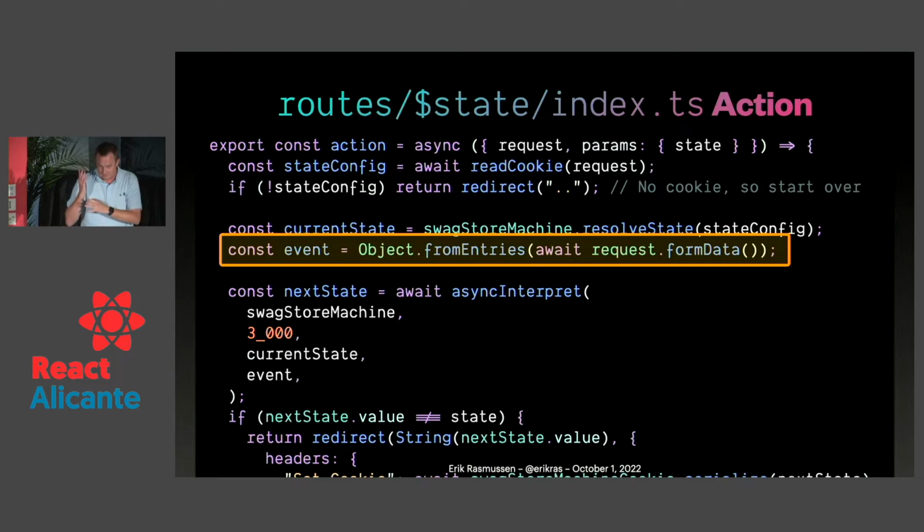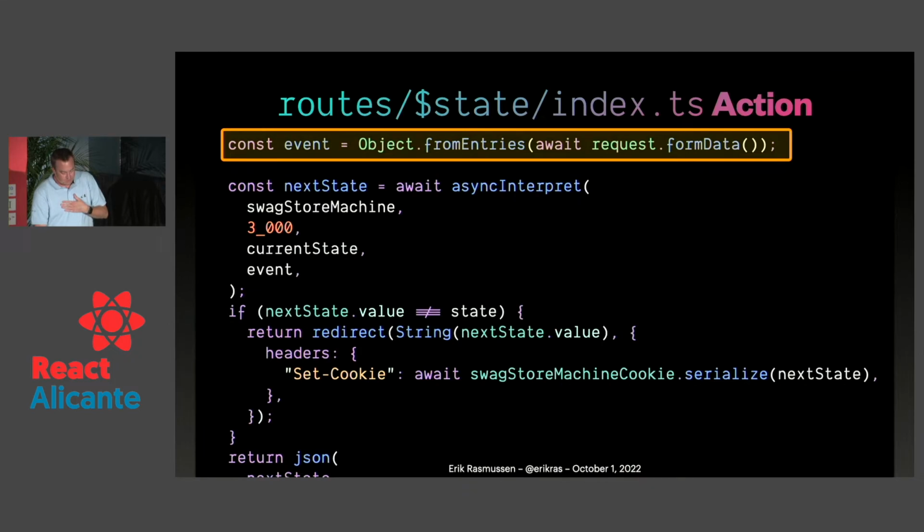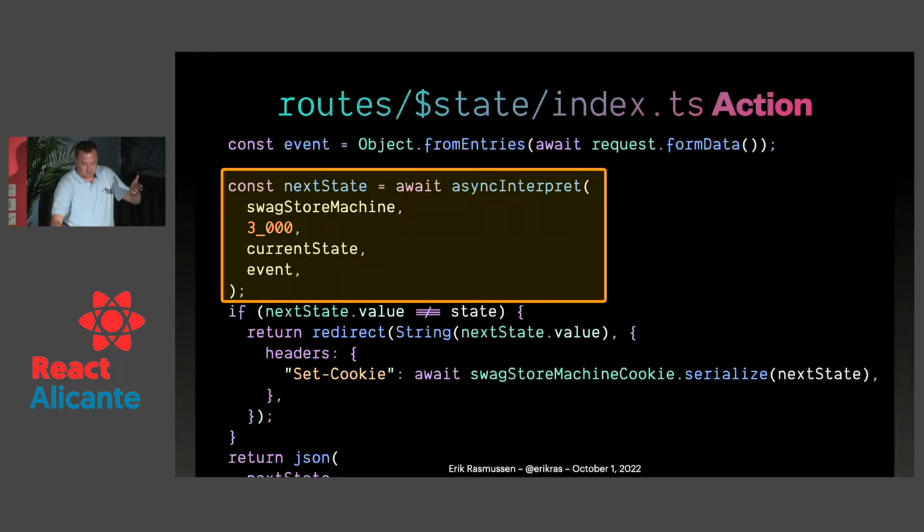Because Remix is just using regular JavaScript APIs, this is not anything special. This is just the way you do stuff in JavaScript. We're going to get our event, and then we're going to async interpret our machine with the timeout, and we're going to give it that initial event and the current state that we got from our cookie.